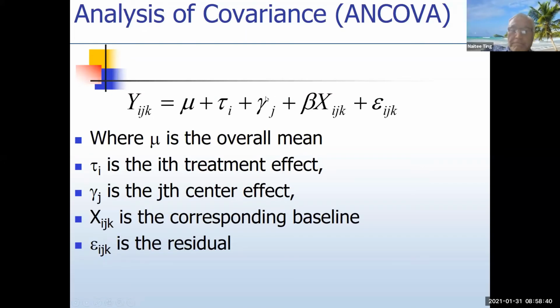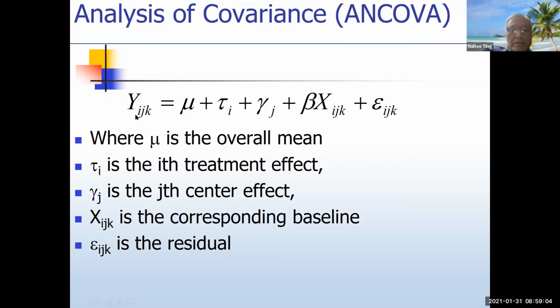Okay. So we explained tau is important because that's why we designed this trial. Gamma is important because we stratified on that. Now, Xijk is the baseline value for this subject.